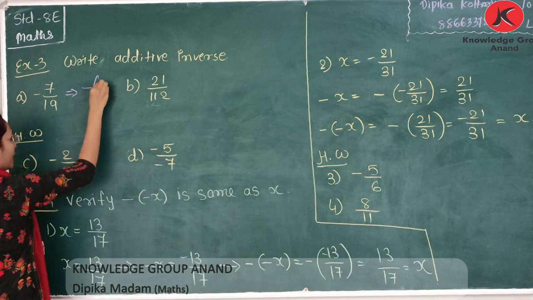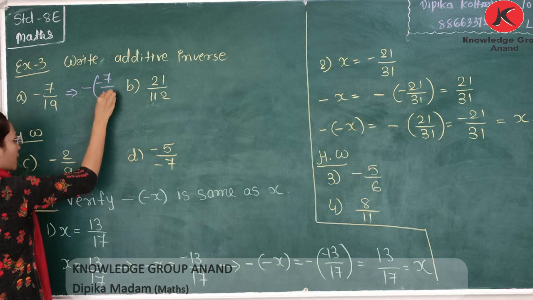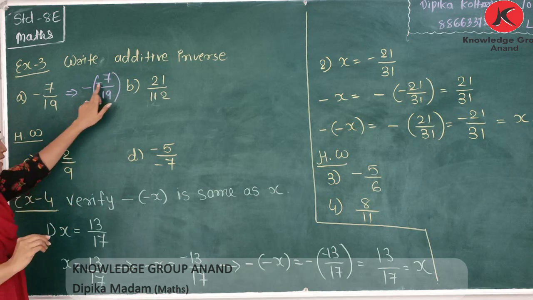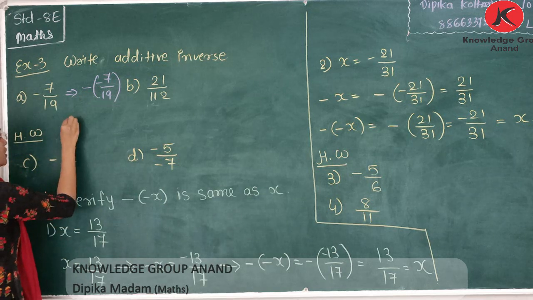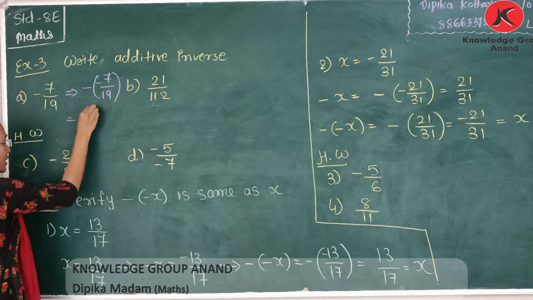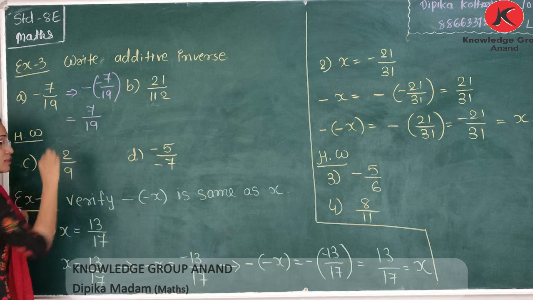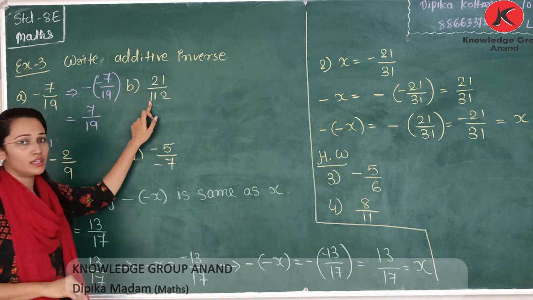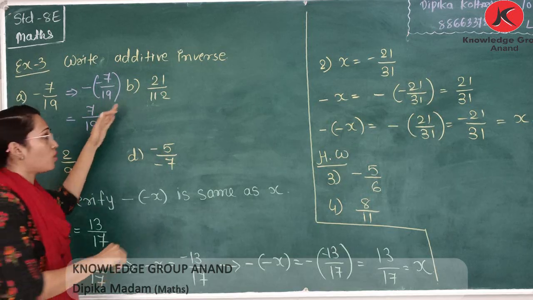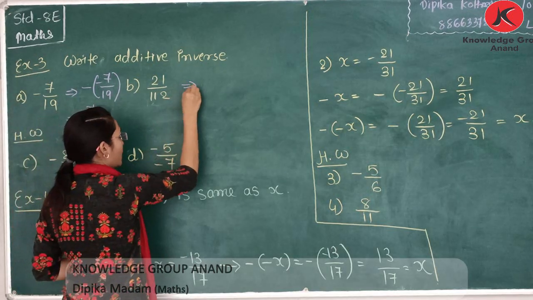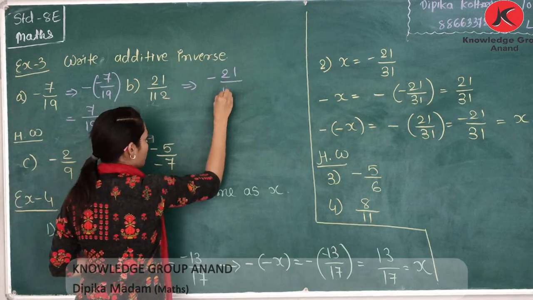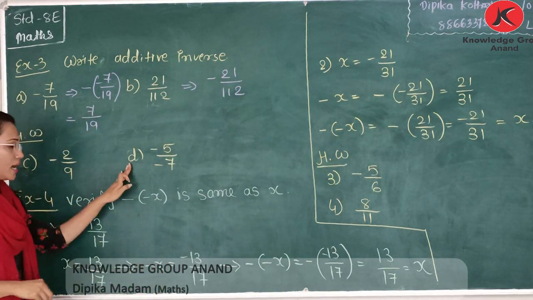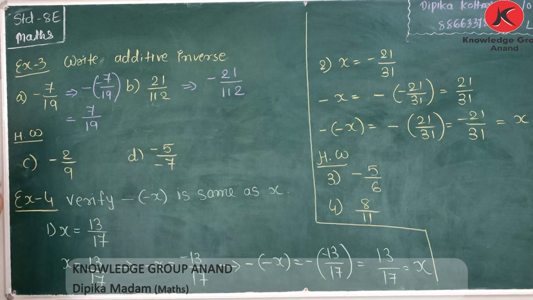You need to write a negative sign before the rational number, -(-7/90). Minus minus becomes plus. So the additive inverse of -7/90 is +7/90. Okay. Next is 21/112. Negative, or you can say additive inverse, will be -21/112. You need to write the same for C and D, that will be in your homework.